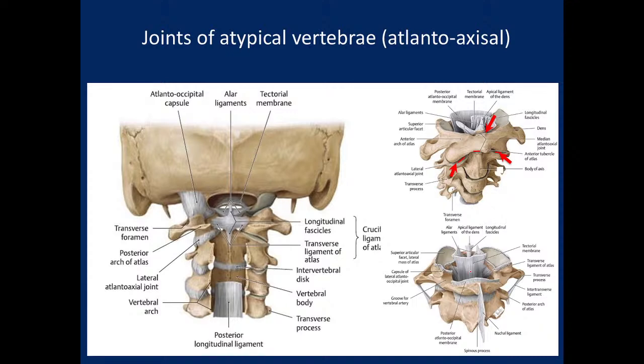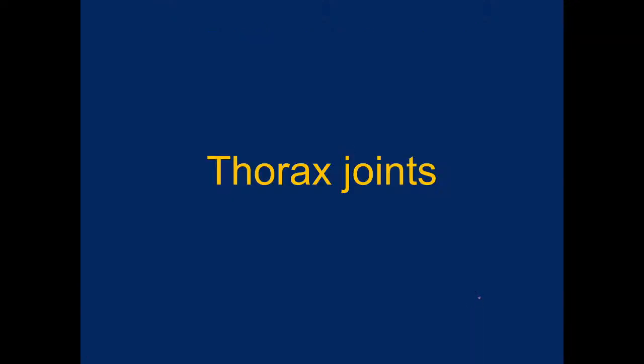I just draw your attention to the ligament which fixes these joints, and it is called the cruciate ligament because it fixes the dens of the second cervical vertebra and doesn't allow it to come back.